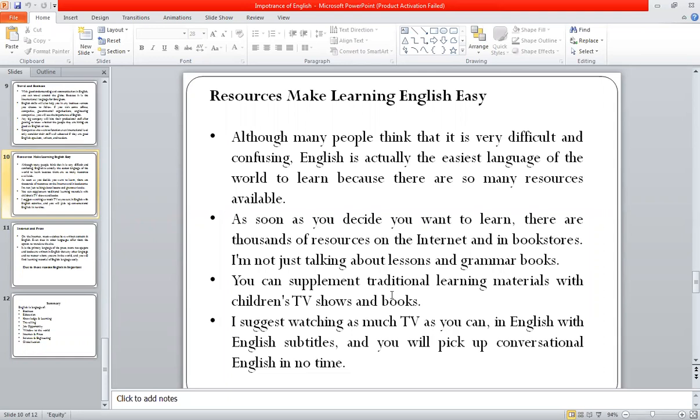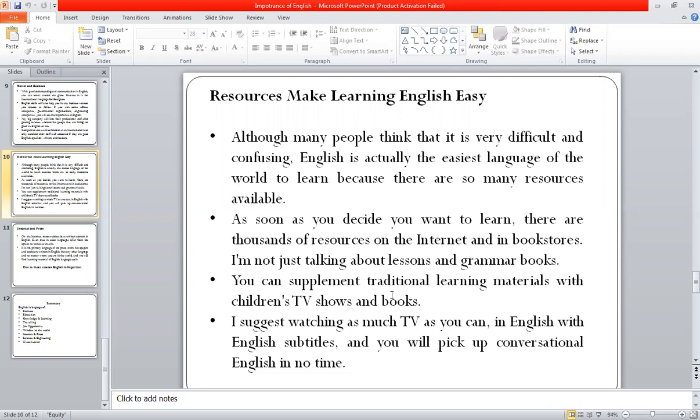The English which is spoken by characters like Mickey Mouse or Donald Duck or other characters like Tom and Jerry is not as difficult as the English spoken in speeches or in communications by adults, or we can say grown up people.